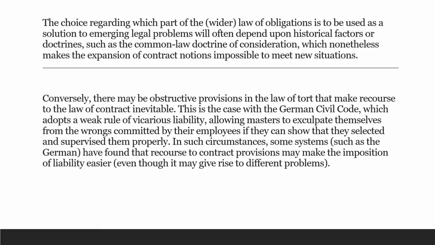This is the case of the German Civil Code, which adopts a weak rule of vicarious liability, allowing masters to exculpate themselves from the wrongs committed by their employees if they can show that they selected and supervised them properly. In such circumstances, some systems, such as the German, have found that recourse to contract provisions may make the imposition of liability easier, even though it may give rise to different problems.